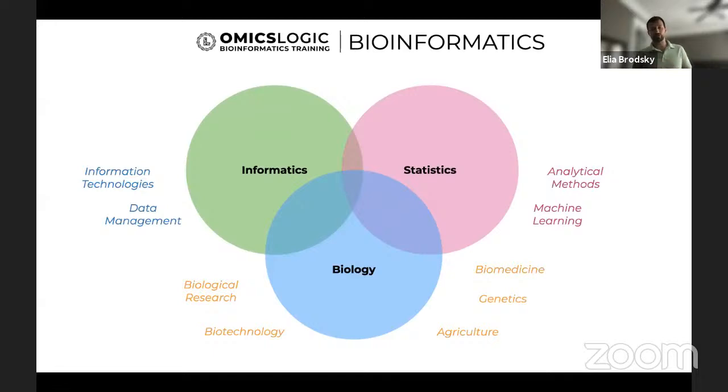Informatics has to do with information technologies and data management: how to find data, how to download data, how to annotate this data, how to store this data in certain formats. And then statistics: how do we analyze the amount of data that we have to get some meaningful information out of it, so that we can infer from this data associations with meaningful patterns that we know about the patients that we are studying. And so the intersection of these three fields, informatics, statistics, and biology, is actually the definition of bioinformatics.